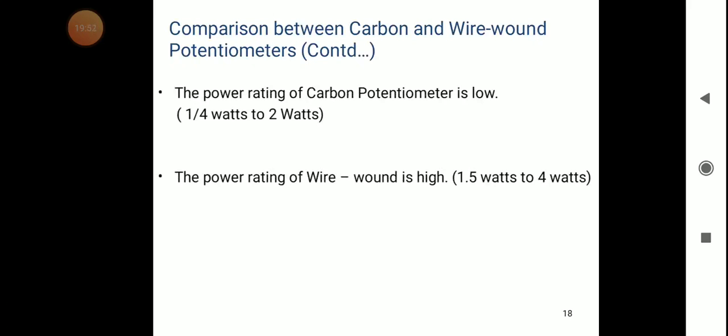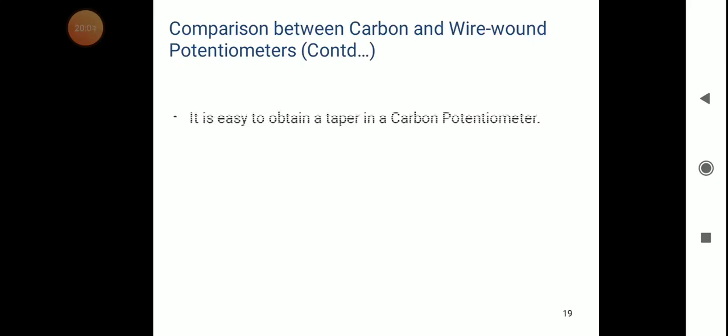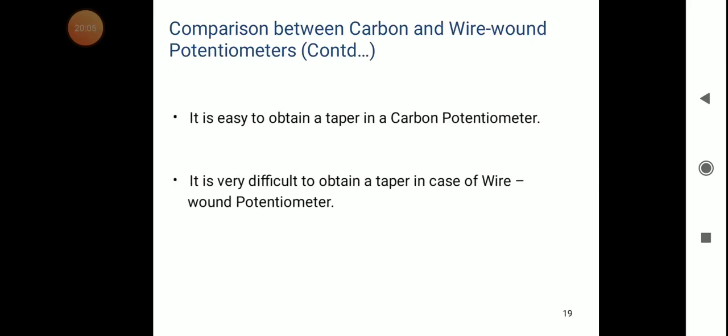The power rating of the carbon potentiometer is low, that is 1 by 4th of a watt to 2 watts. The power rating of the wire wound is high. So this is the comparison between the carbon and wire wound potentiometer.